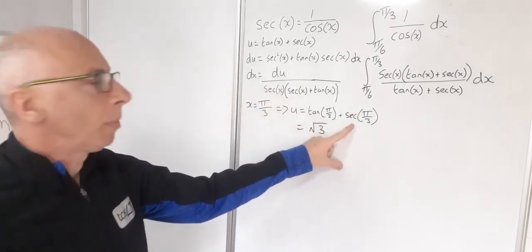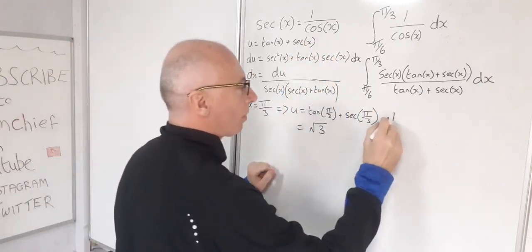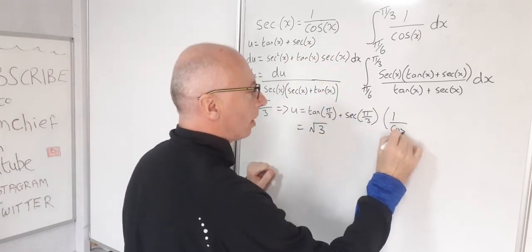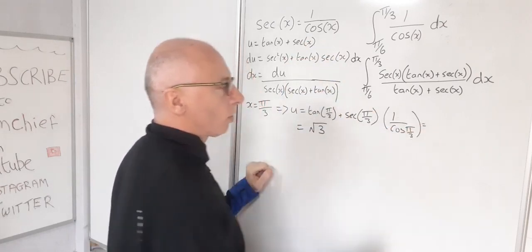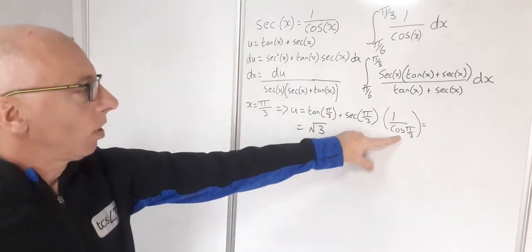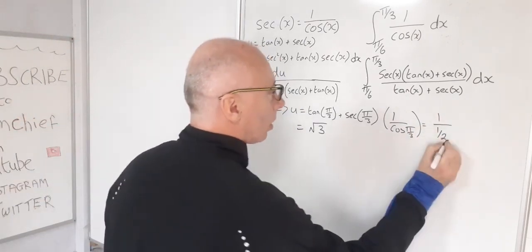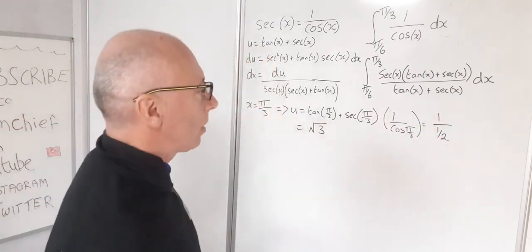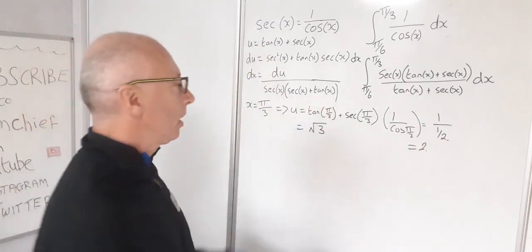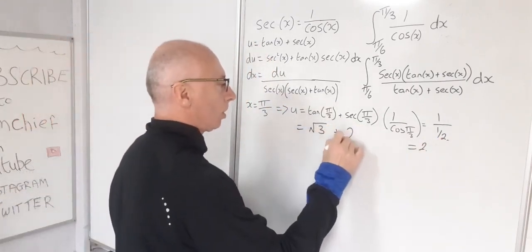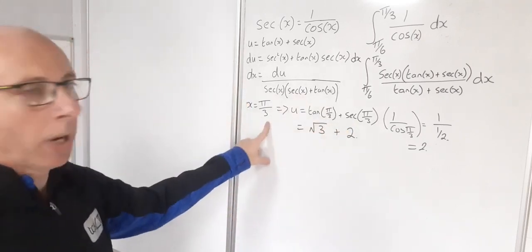And secant of pi over 3 is 1 over cosine pi over 3. So that is also the equivalent of 1 over a half, which gives me just 2. Therefore u is root 3 plus 2. Okay, that's great for my x equals pi over 3.